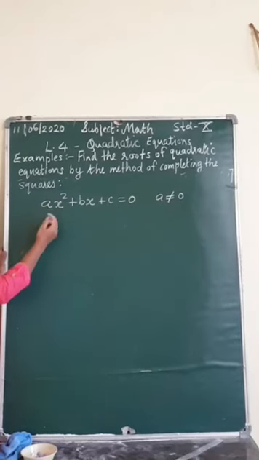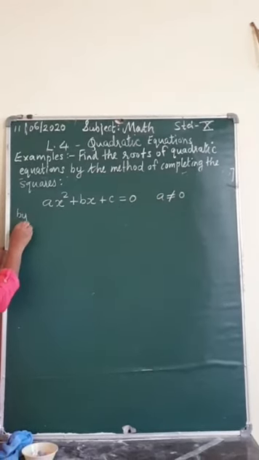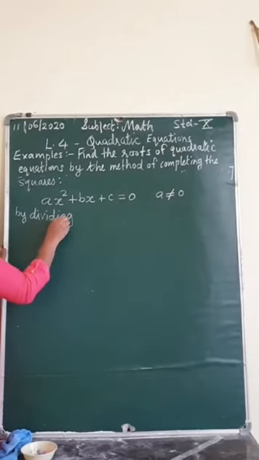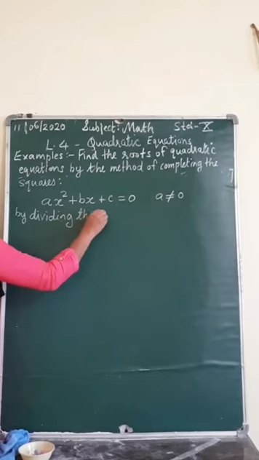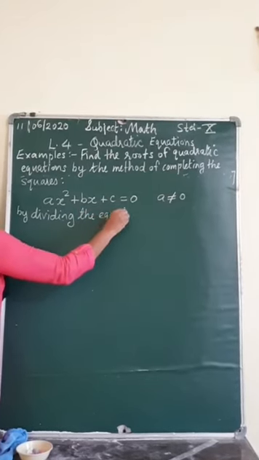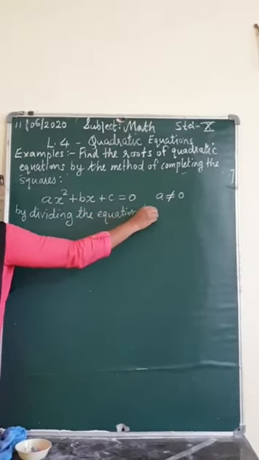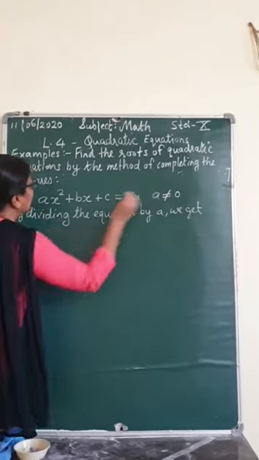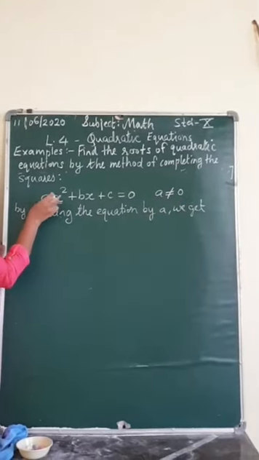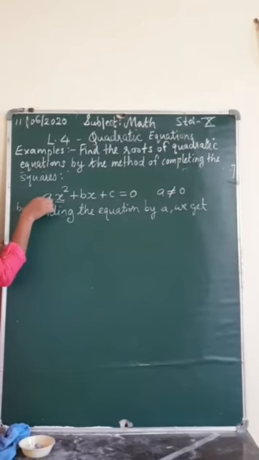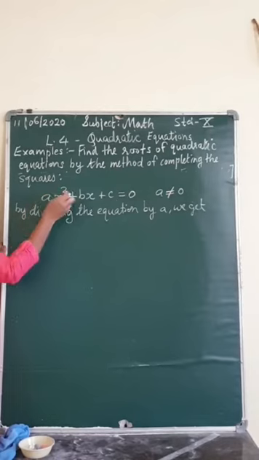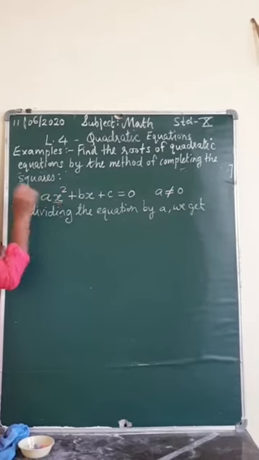Now by dividing the equation by a, if the coefficient of x square is not a perfect square, we divide so that we get a perfect x square here.